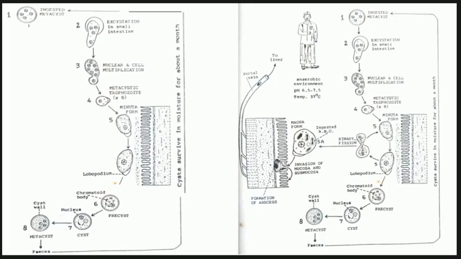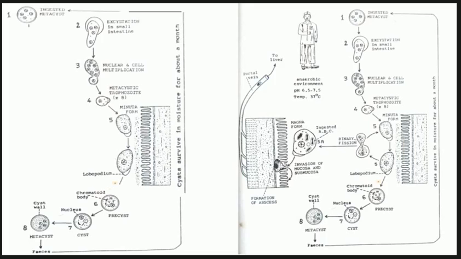The magna form infects the intestine, damages the intestine, and may enter the bloodstream and go towards the liver or any other organs, lungs, brain. Okay, so we have seen all these things in previous lectures.